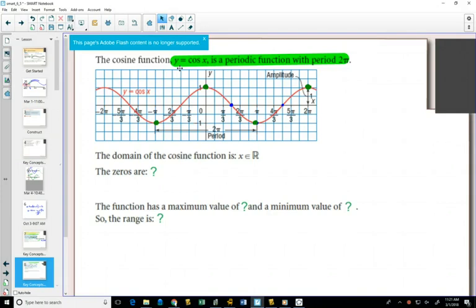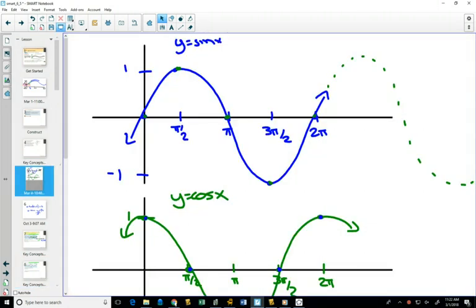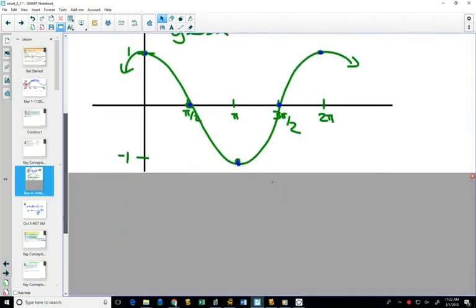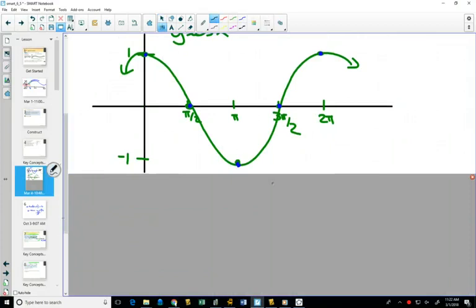Now, for the zeros of cos, again, it's going to be easier if we look at the graph that we drew. Can you see, if we started listing our zeros, for our positive ones, we have pi over 2, 3 pi over 2. What's our next one going to be?